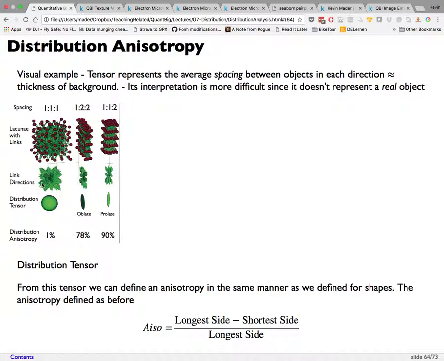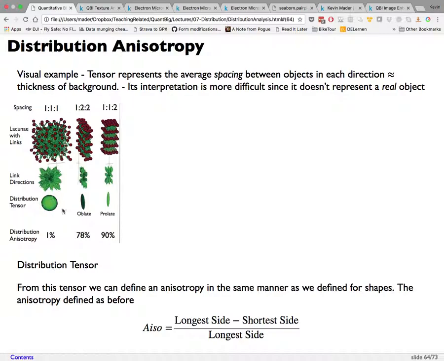And so what we see here is that if we take these random systems like we had before, this distribution tensor gives us the ability to quantify how that looks in 3D. Here we have a bunch of points. Here we have all of the links between the points, so this is like the 2D plot that we had before.